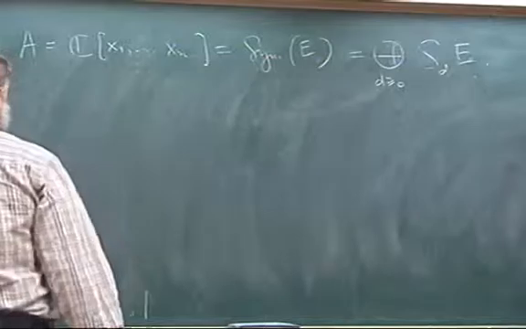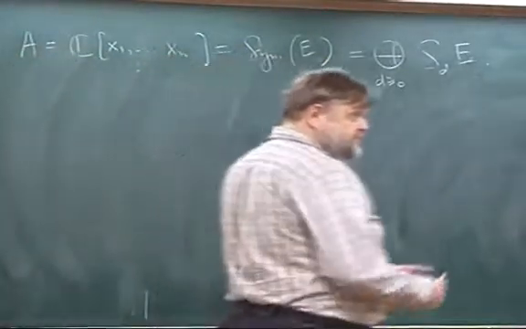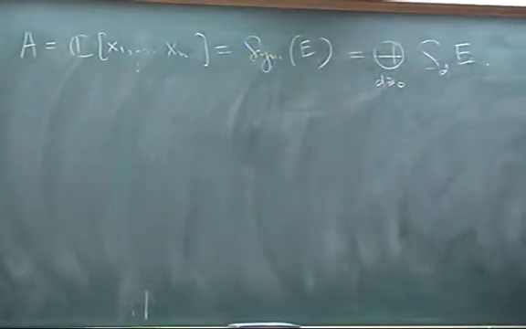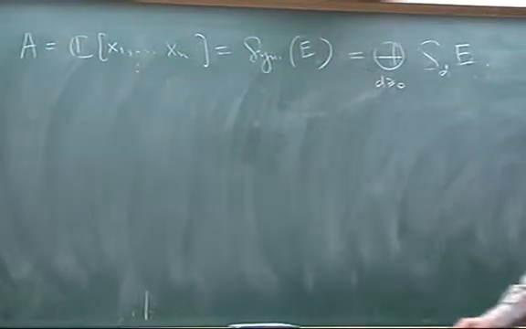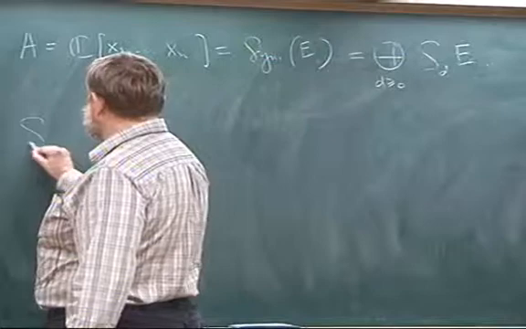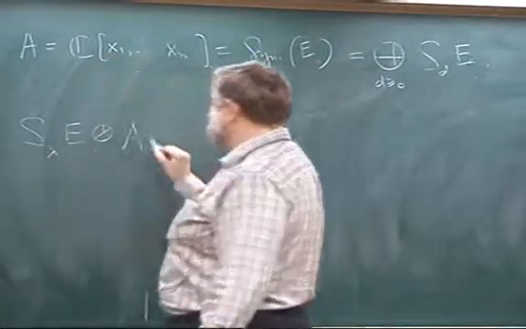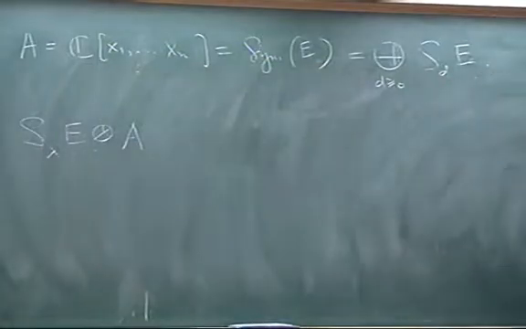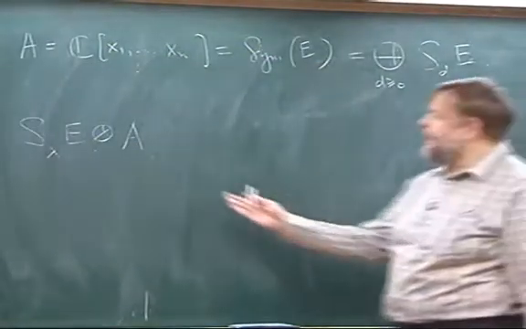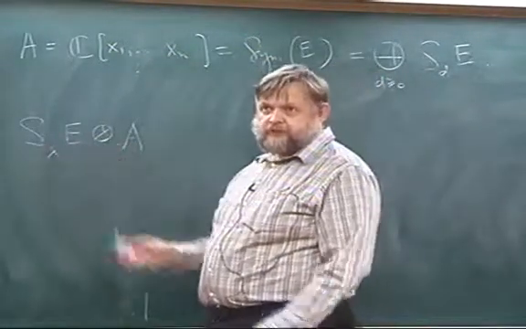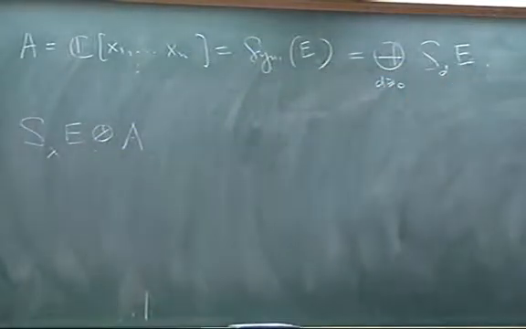So what will we do now? We'll construct this acyclic complex such that the only free modules we'll ever see will be the modules of type S_lambda E tensor A. So this is a free module over A. But we'll construct this resolution in such a way that the maps are equivariant.